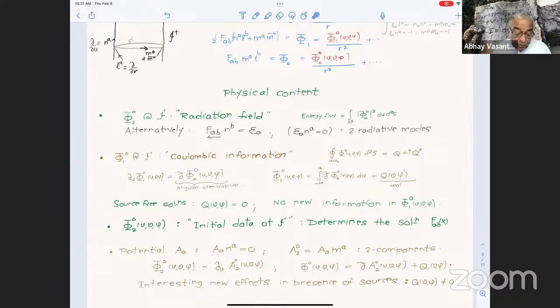But for the source-free solutions, for ordinary photons, Q equals zero. So just like all the information is contained in these radiation fields, it's also contained in the potential, because the time derivative of this potential is equal to the radiation field. This is completely general for source-free solutions of Maxwell theory, and this is a classical theory.